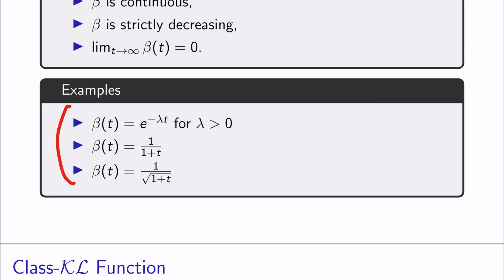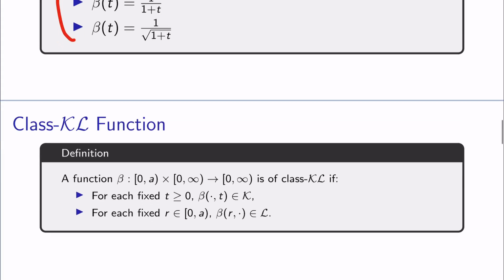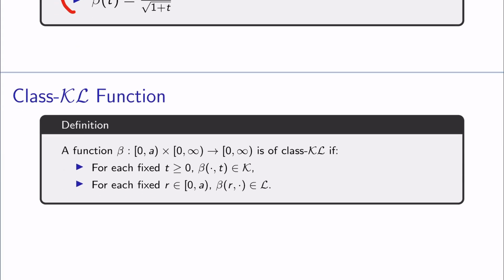But I'm definitely sure there might be another use case of that in control theory. Anyone can find a use for some purpose in control theory, I think. All right, so after this quote-unquote motivational statement, let's look at the class KL function.